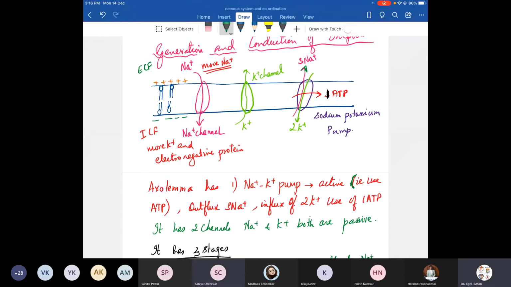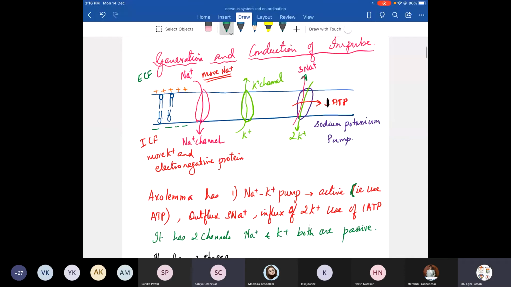Ma'am, can you please explain it again? See, listen. ECF is extracellular fluid, ICF is intracellular fluid. Okay. The axolemma means a lipid membrane, which is like a plasma membrane, positive outside and inside it is negative. In this membrane or axolemma, there is sodium potassium pump.